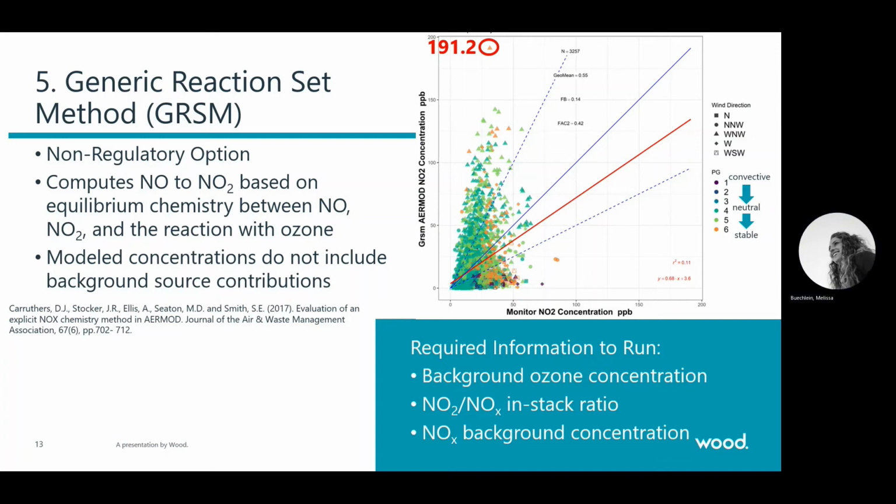So in this instance, the maximum concentration was 191.2 ppb, which is higher than most of the monitor locations, but we're at least getting a little bit closer than with PVMRM and TTRM. This method requires the background ozone concentration, the NO2 to NOx in-stack ratio, and additionally background NOx concentrations.